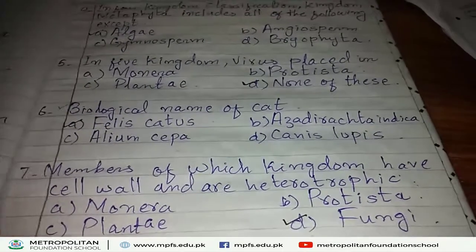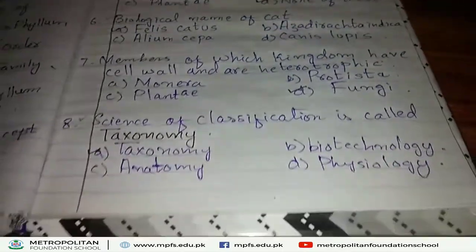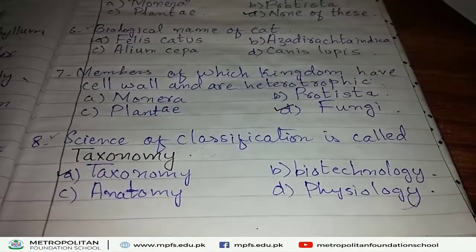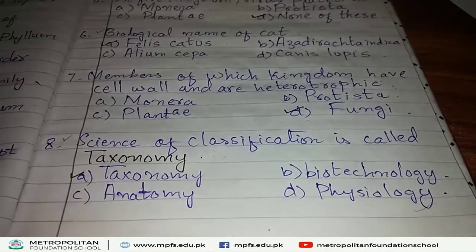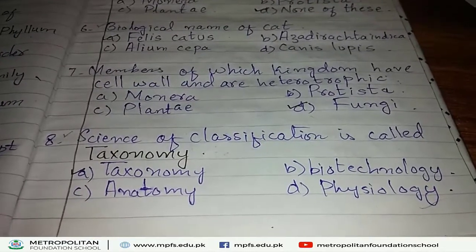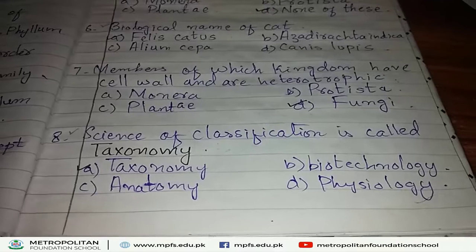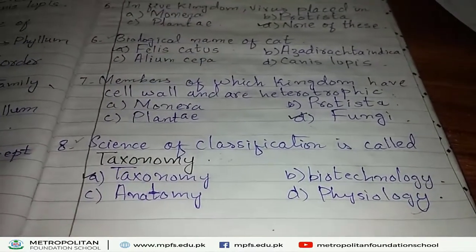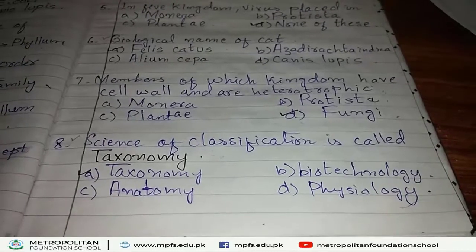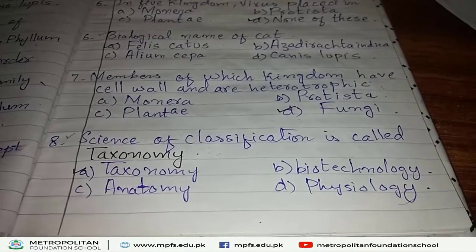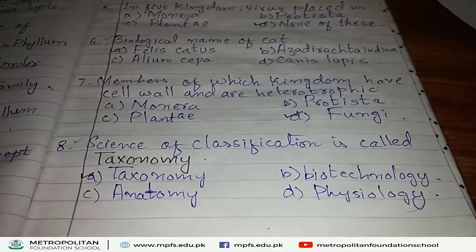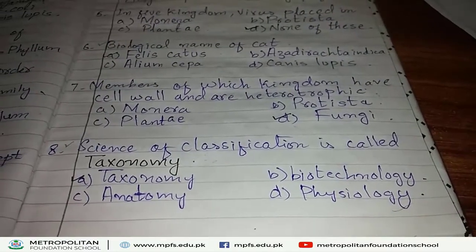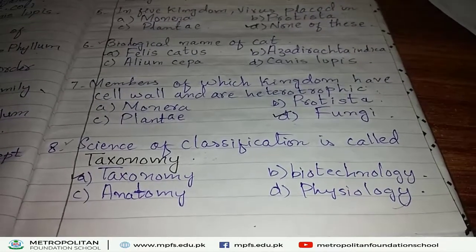Okay. Now move next. Science of classification is called option A, taxonomy. Option B, biotechnology. Option C, anatomy. And option D, physiology. So students, the correct option is option A, taxonomy. Students, you remember, taxonomy is a branch of biology.